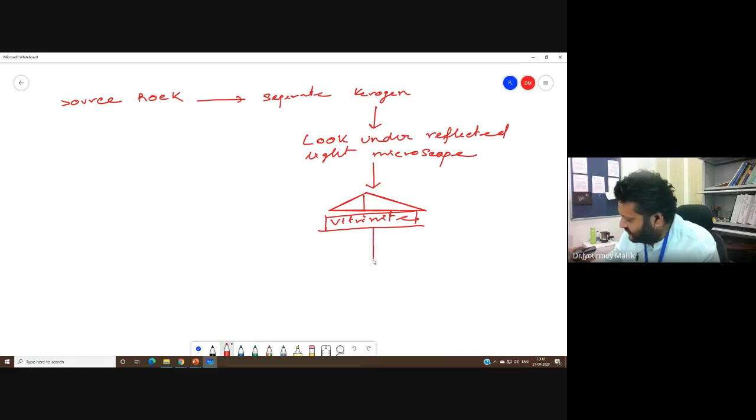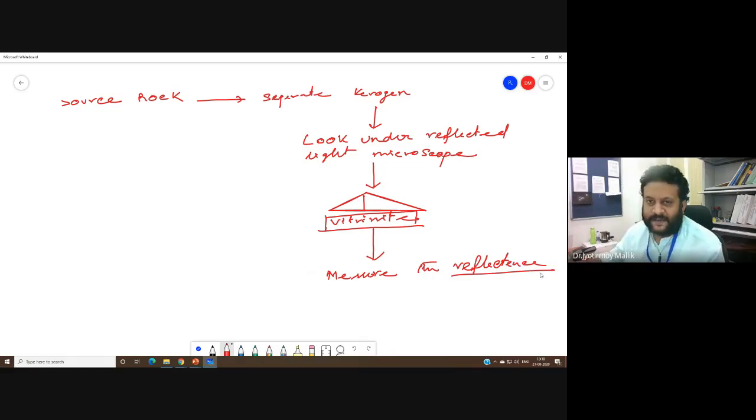And then we measure the reflectance. Reflectance means we are looking under a reflected light microscope. So here is my vitrinite. This is just a part of the total kerogen.